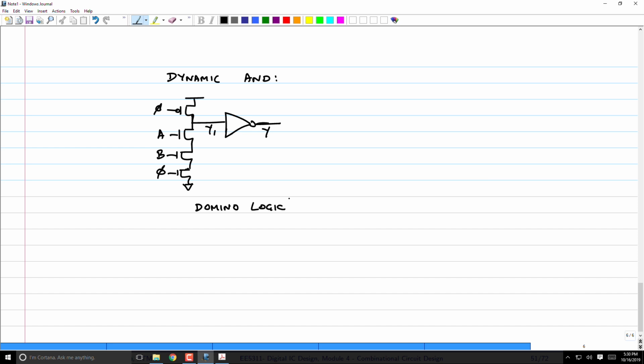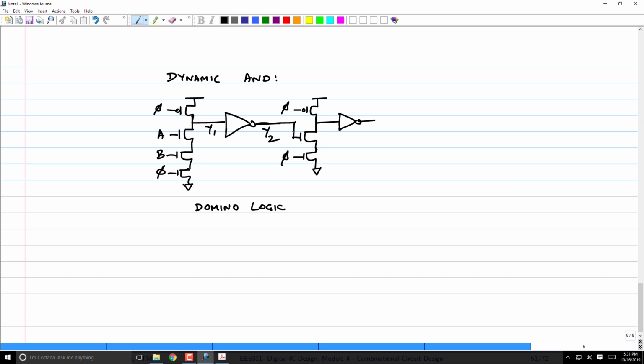Okay, so let's look at this. For example, I have this inverter and I'm going to connect it to another dynamic inverter here. And then I'm going to connect another static CMOS inverter and I'll see what the output here is.